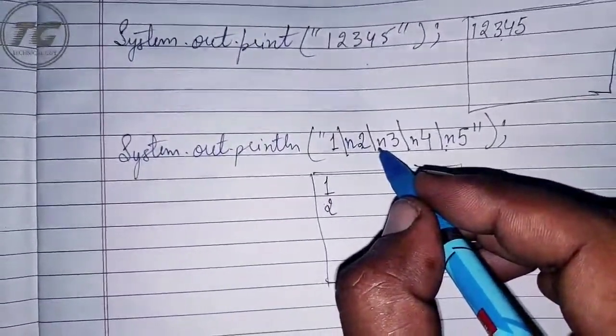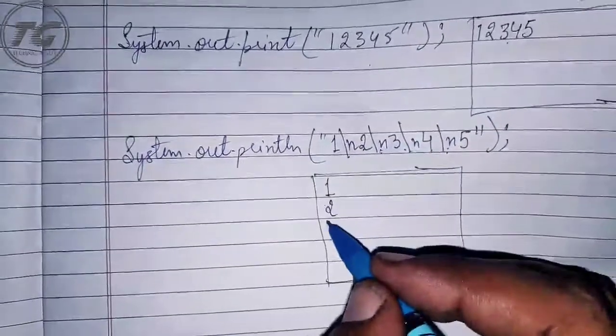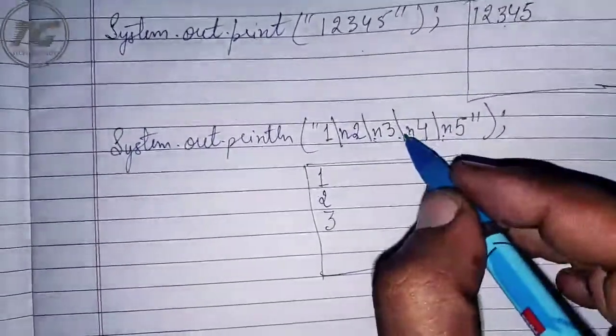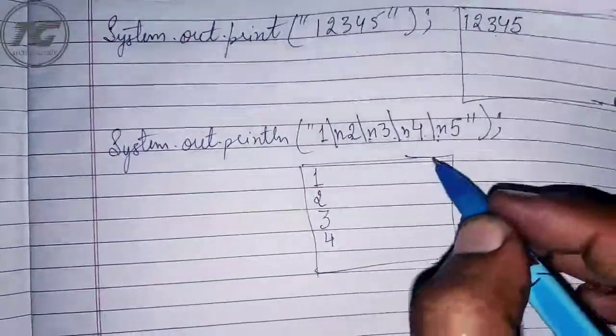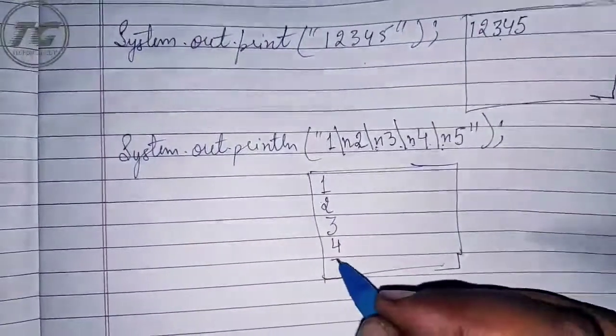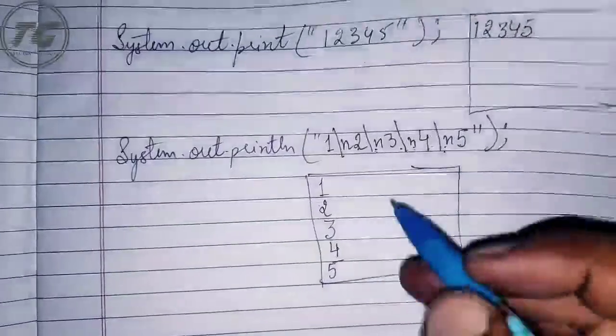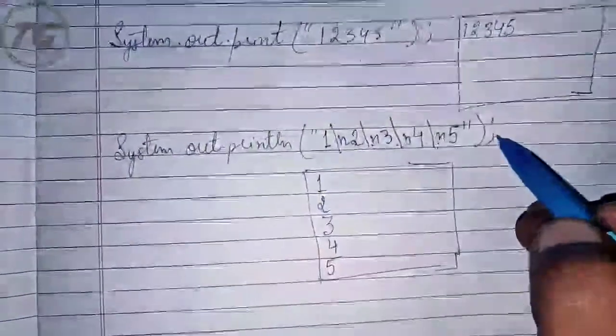Then again there is \n, also for a new line, then 3 will be printed on a new line, then 4 on the next new line, and finally after the new line 5 will be printed. So this will be the output of this line.